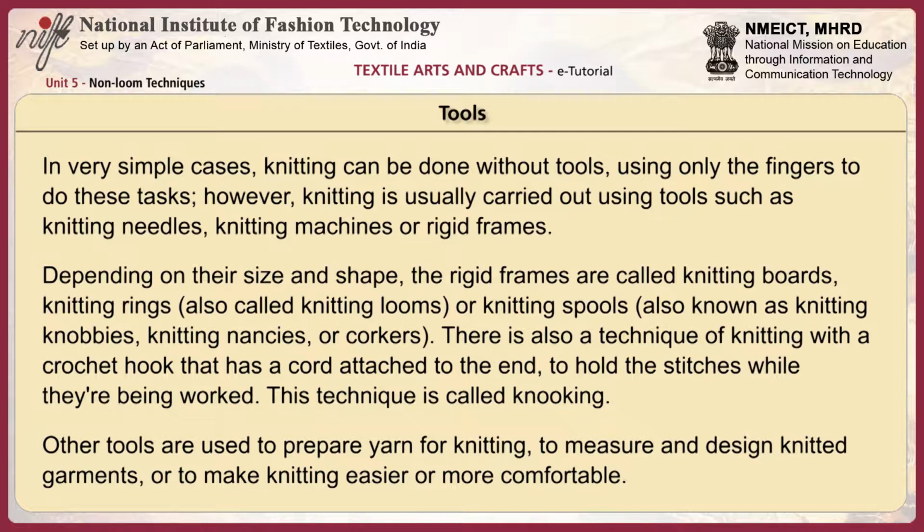There is also a technique of knitting with a crochet hook that has a cord attached to the end to hold the stitches while they are being worked. This technique is called nooking. Other tools are used to prepare yarn for knitting, to measure and design knitted garments, or to make knitting easier or more comfortable.